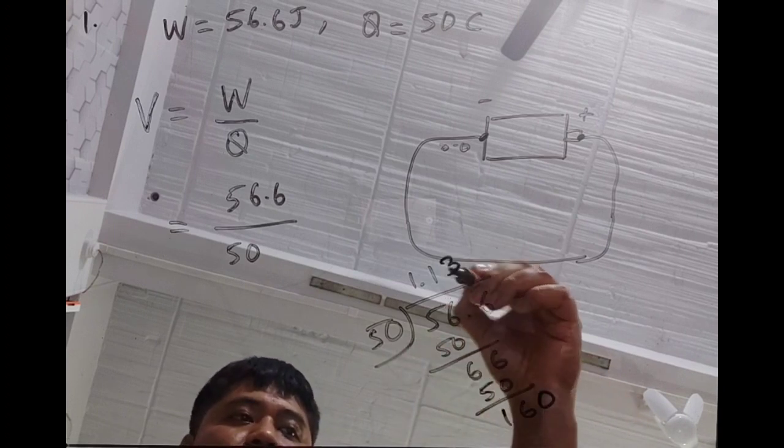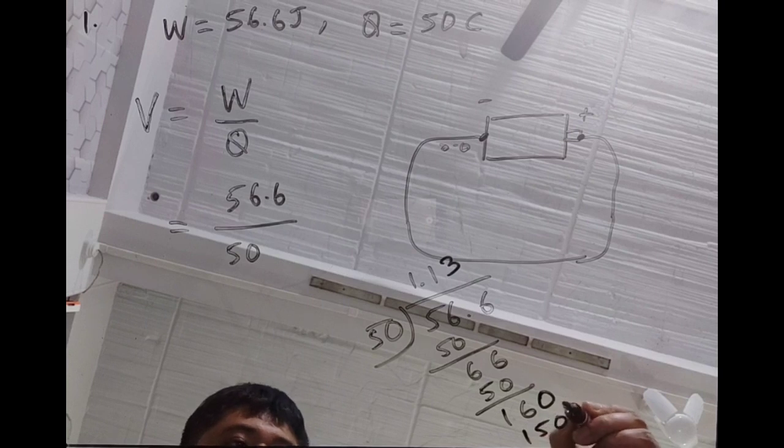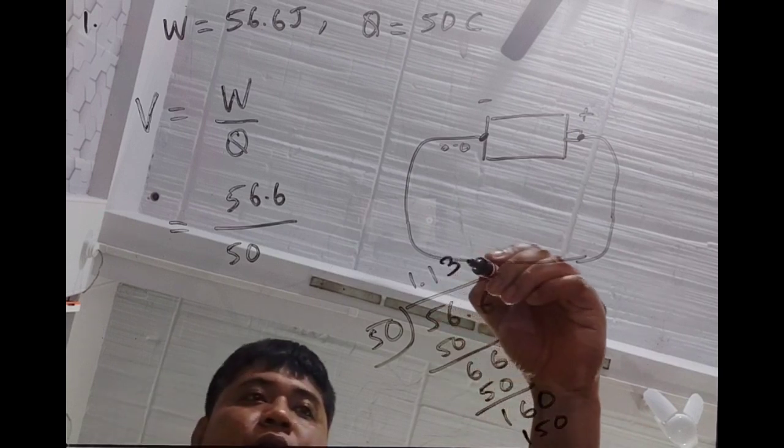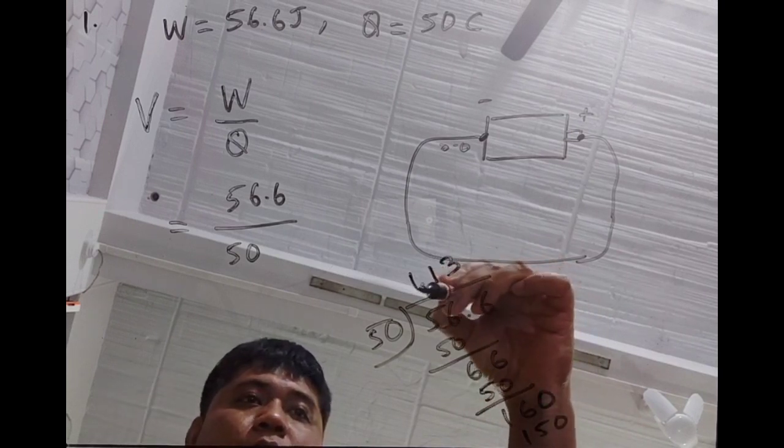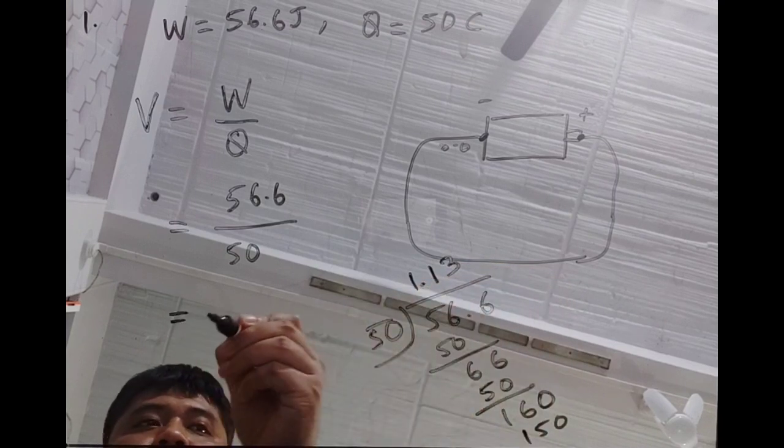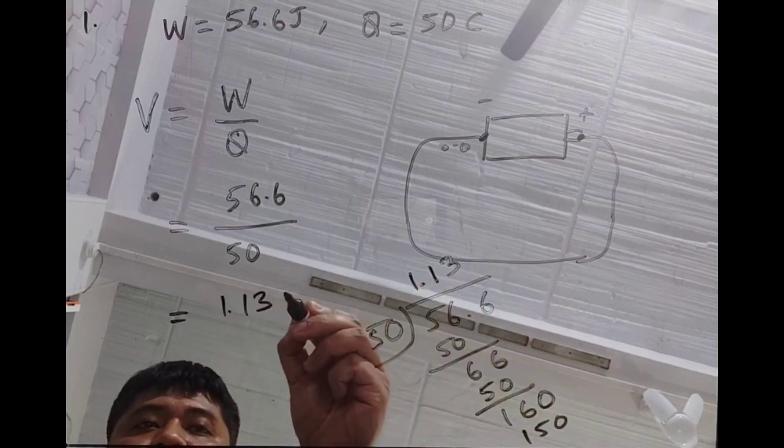Let us take up to this decimal, 1.13. Then the answer is 1.13 volt. Example 2.